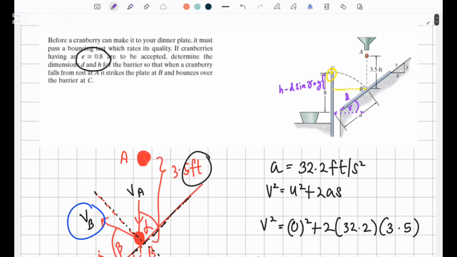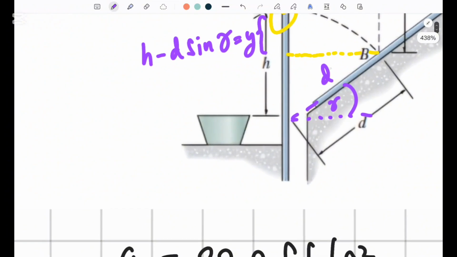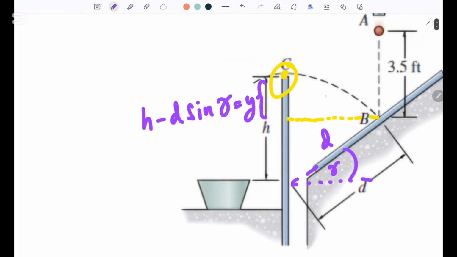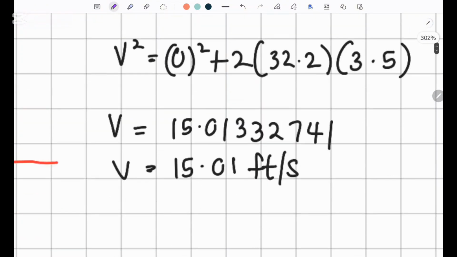For projectile motion, how do you find this horizontal distance? Not the one I just circled, I'm sorry. I'll call it X dash. So X dash is your horizontal.